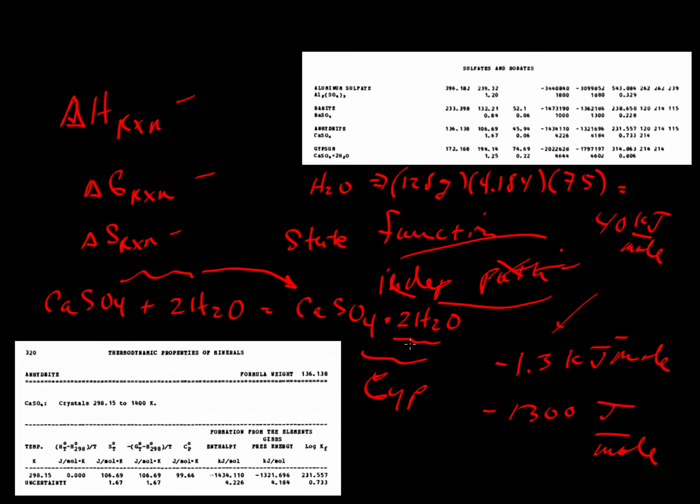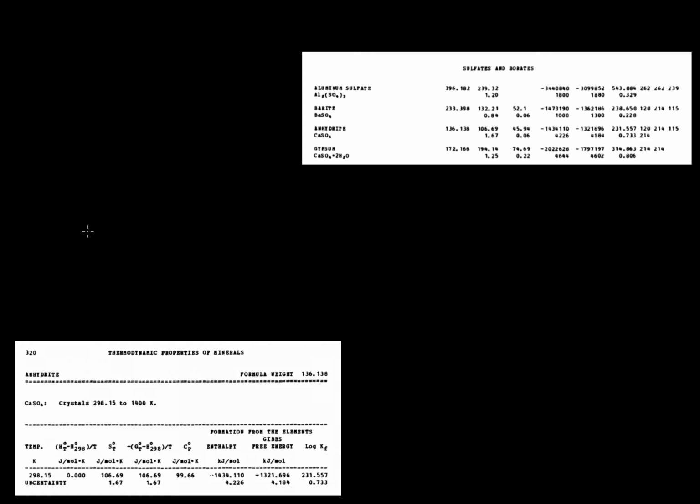So what does this mean? Well, for this to be negative, it means that the Gibbs free energy of gypsum is lower than the Gibbs free energy of the sum of calcite and water. So not calcite, anhydrite. So if we look at anhydrite plus our 2 units of water to give us gypsum.